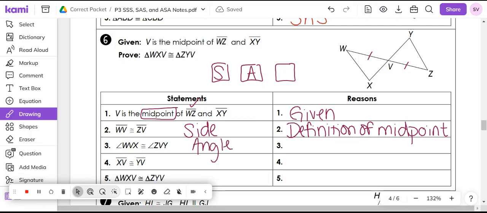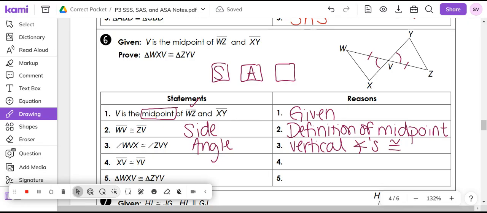So WVX is here, and then ZVY is here. So again, we have a bow tie situation. So that means that we've got vertical angles. So this is a pair of vertical angles here. So we're going to say vertical angles congruent.